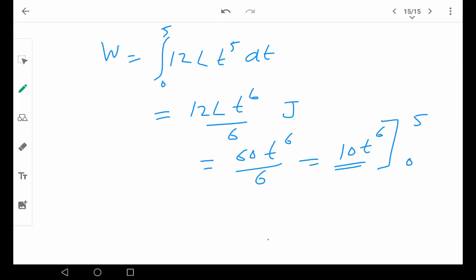So 10 into 5 raised to 6 equals 156250 joules. That's the energy in this particular problem.